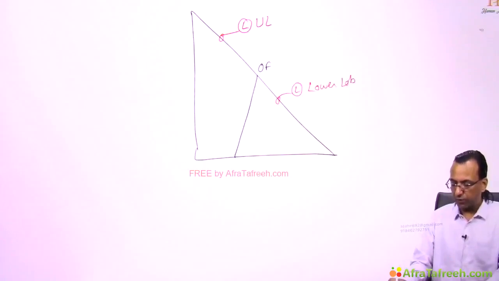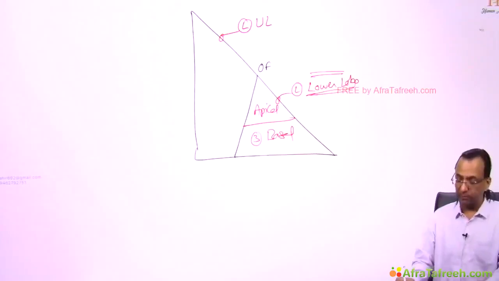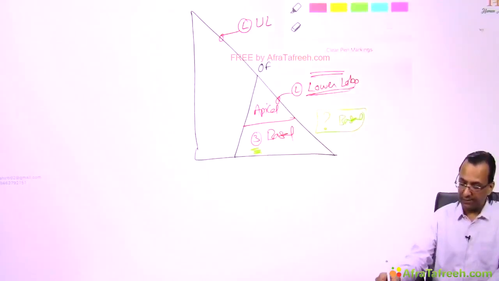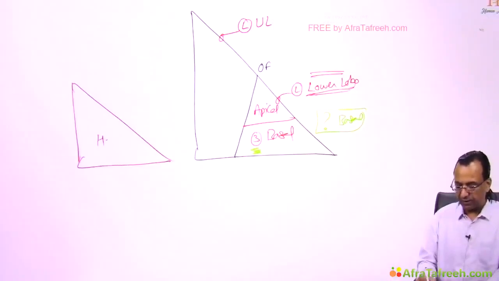And I want to focus upon the left lower lobe, which is having 1 apical BPS and 3 basal. We have to see which basal is missing and why, because there's only 3 basal. So we said that there is this heart, and this heart is encroaching at the base of the left lung from the medial direction.